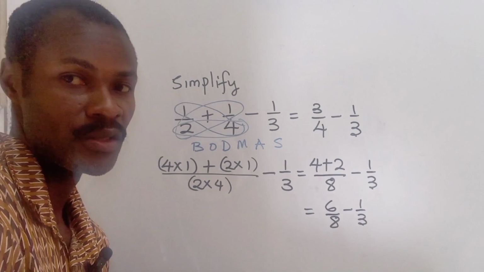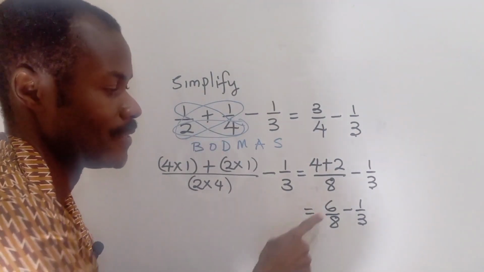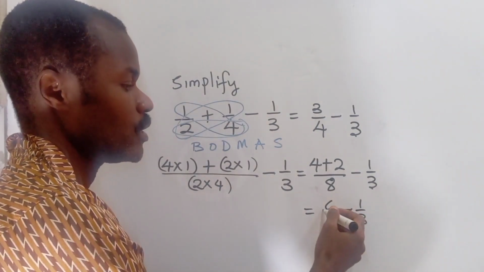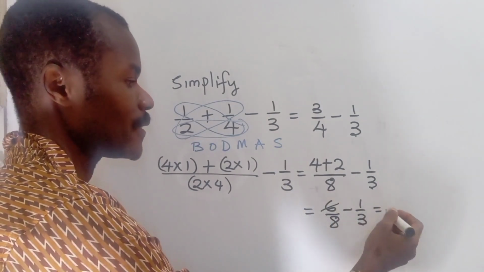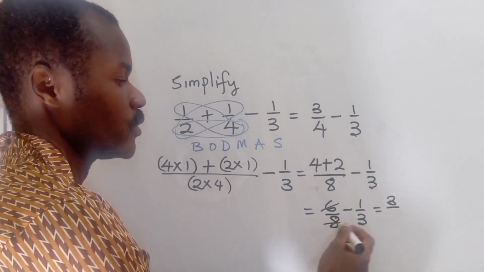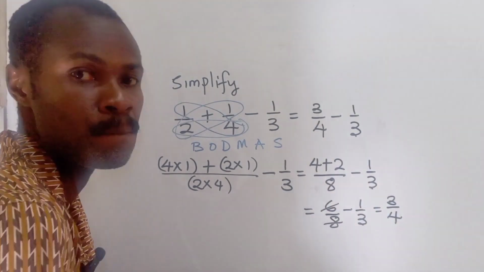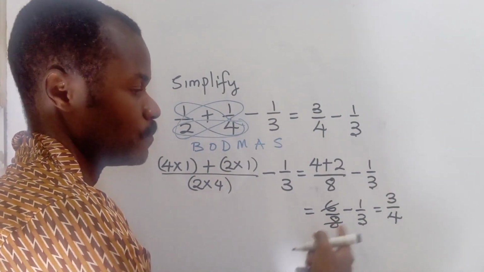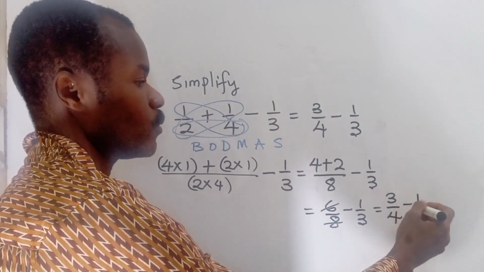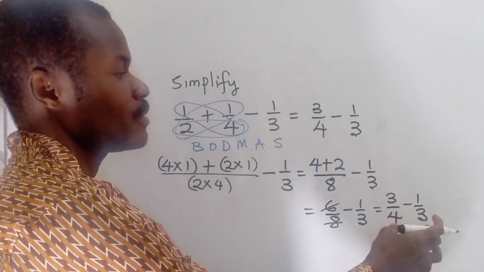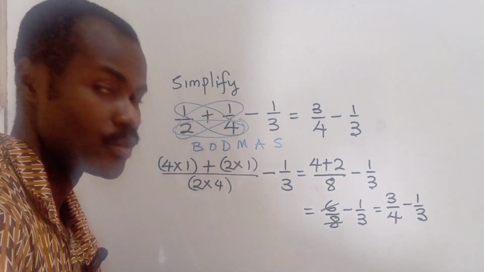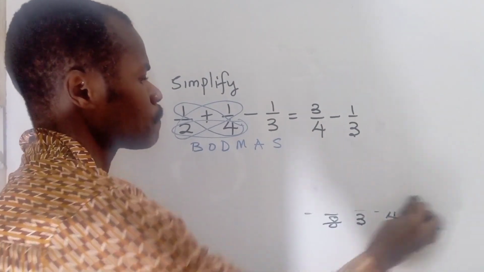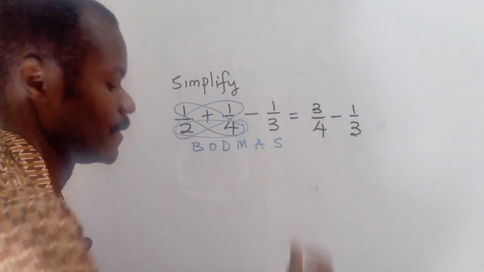If you look at the cross multiplication method, you see that the numbers are large, so you have to reduce. I'm going to reduce this by 2, which gives 3, and reduce this by 2, which gives 4. So we have 3 over 4 minus 1 over 3. So we are still back to this.